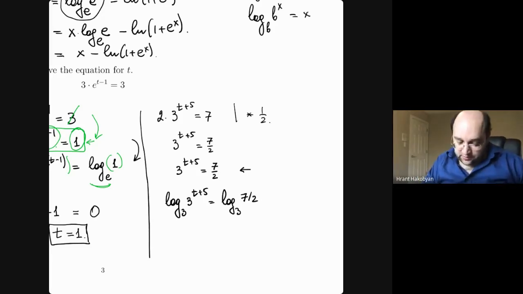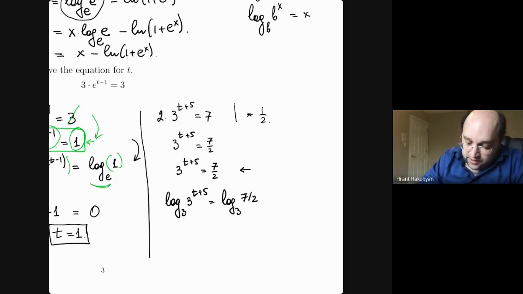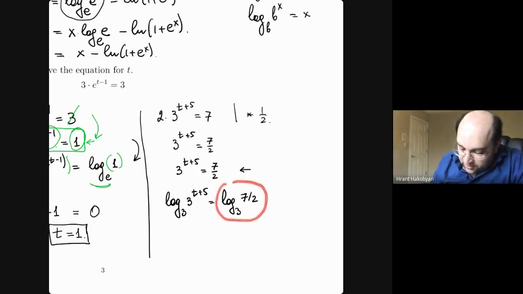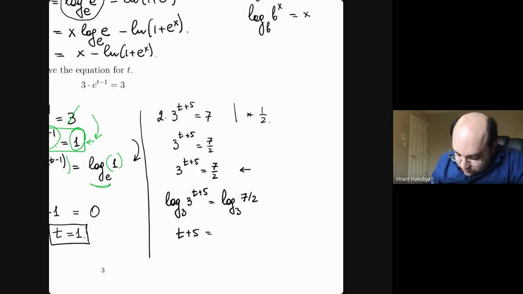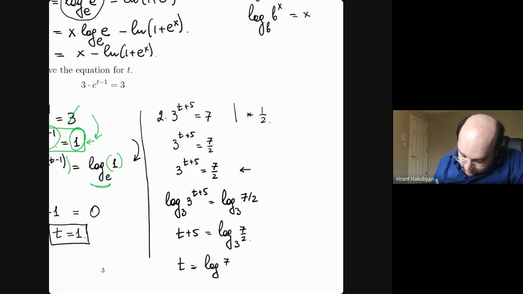The right hand side I cannot change, but I can use a calculator to calculate it. The left side simplifies to just t plus 5. So t plus 5 is equal to logarithm base 3 of 7 over 2. My answer is t equals logarithm base 3 of 7 over 2, minus 5.